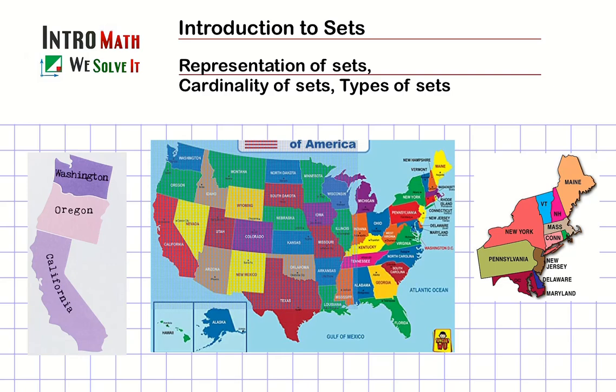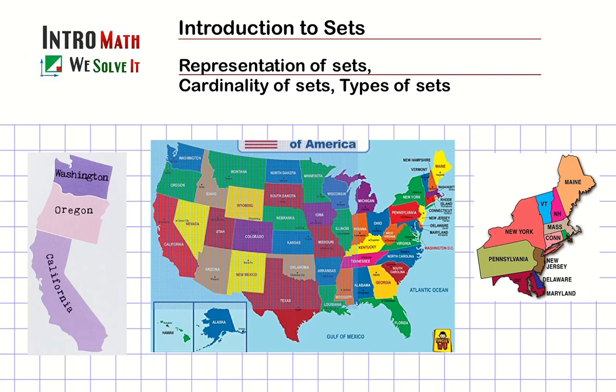Let's say you have a set. You see the map on the left is a map of 3 states, right? And the map on the right is a map of 11 states. So those 2 maps cut out of the main map of the United States can be considered a set. They are a set. The one on the left is a set of 3 states.